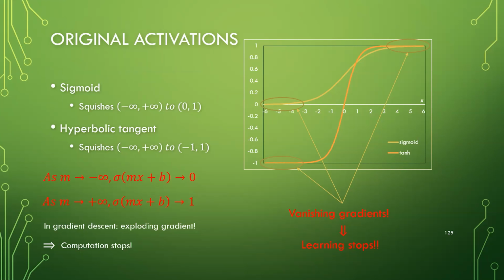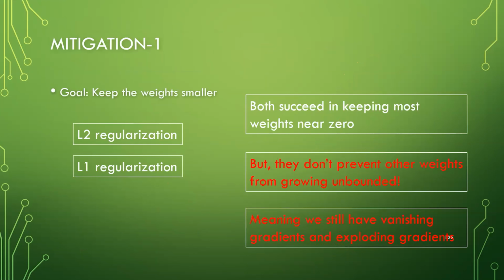So what happens if your input is always positive and your weight is negative? Some of the weights can dominate. Suppose a negative weight dominates, then the output from that layer will always be zero, because if the input is negative, the output is zero. So learning stops again.